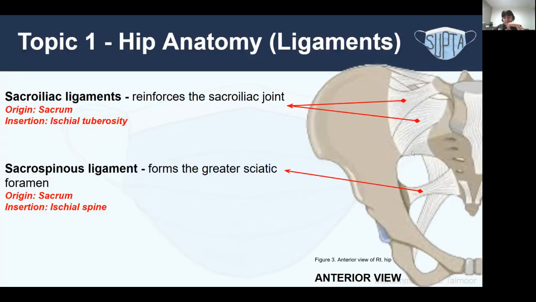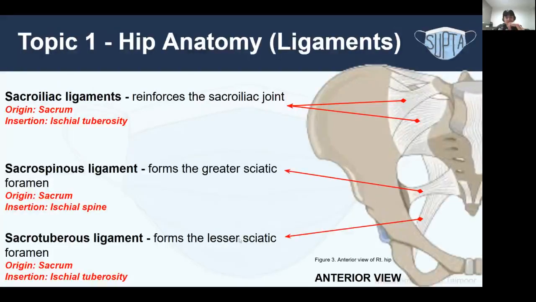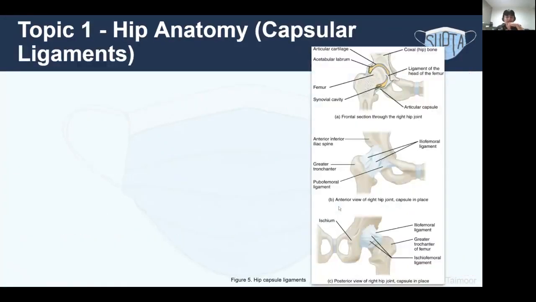So that forms the greater sciatic foramen, and then this is the lesser sciatic foramen, which is formed by both of these ligaments. Sorry, no. Yeah. This is the sacrotuberous, this is the sacroiliac, and then this is the sacrospinous. It's very simple to understand what these are because they're in the name, and you can piece together what the origin and insertion are.